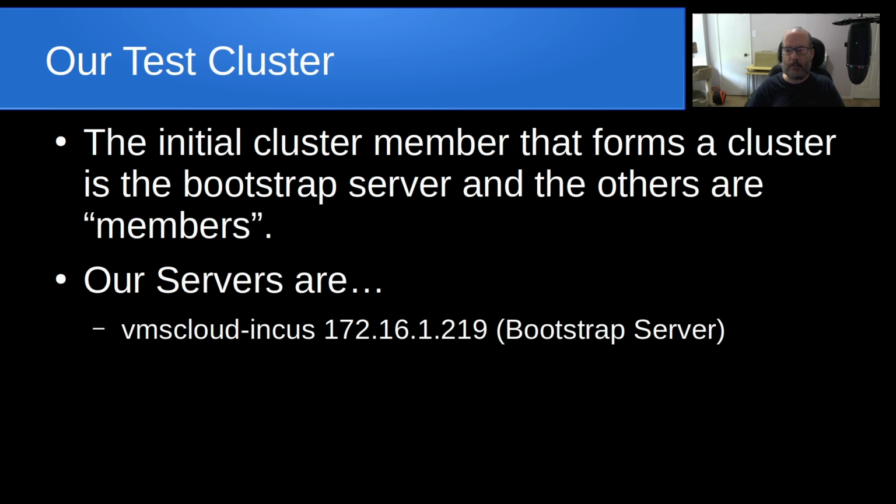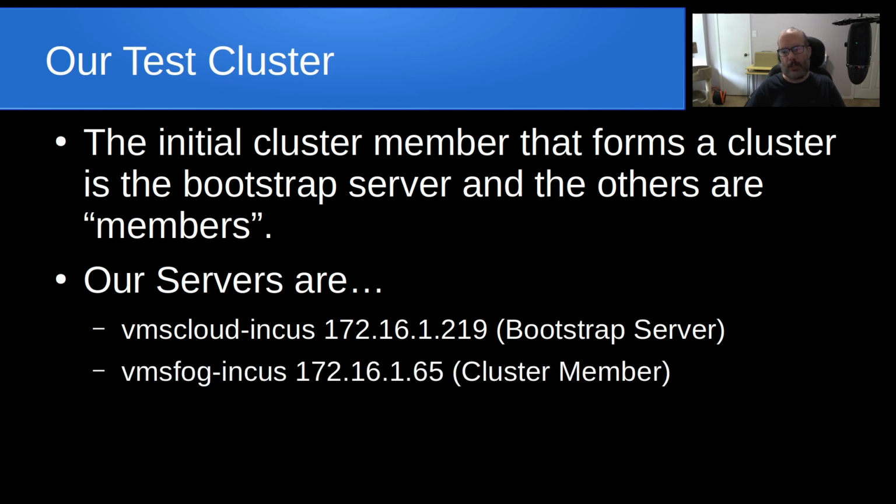It might be noteworthy to point out that all of your Incus servers must be on a network where they can communicate with each other. My bootstrap server is actually an existing server, and it has some containers on it currently. Right now, that bootstrap server is a standalone Incus server, and we're going to convert it from a standalone server to the first member of a cluster.